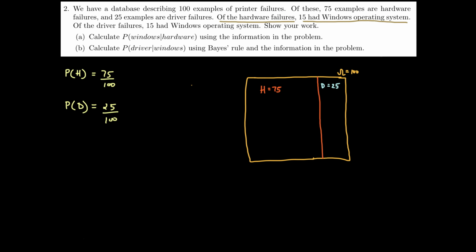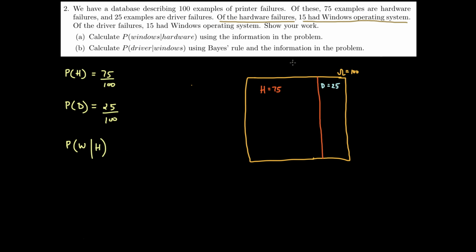So the probability of being a Windows operating system, given that I'm only looking at H's here. Because when I'm conditioning on H, I've automatically restricted myself only to this orange piece.